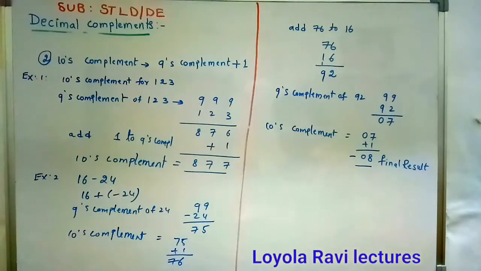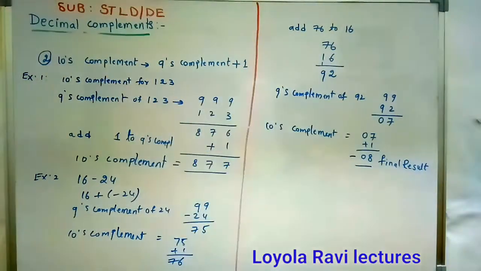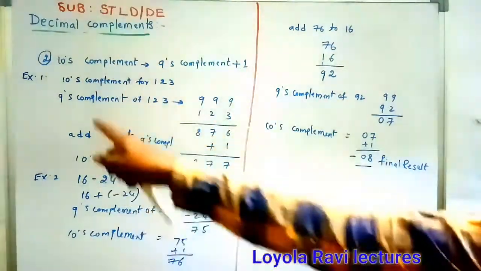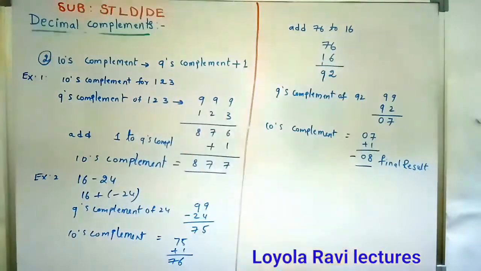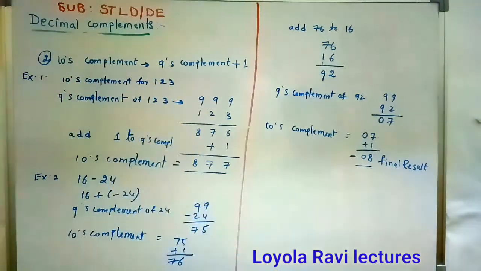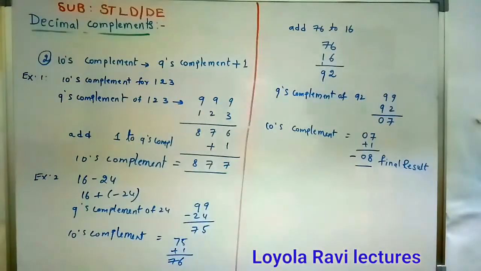Then go for 10's complement. 10's complement is equal to 9's complement plus 1. Let us take one example. Here I am taking 123. First we have to find the 9's complement of 123.